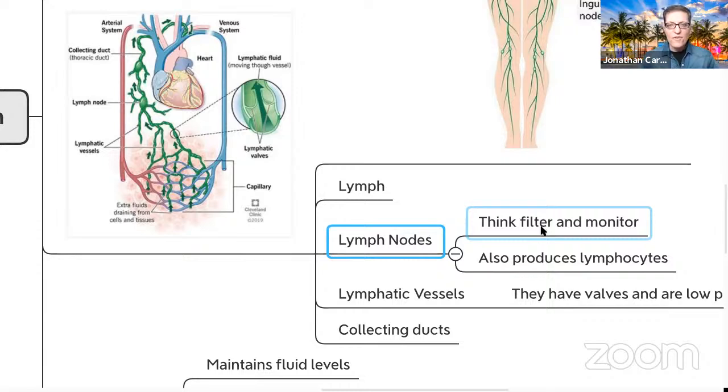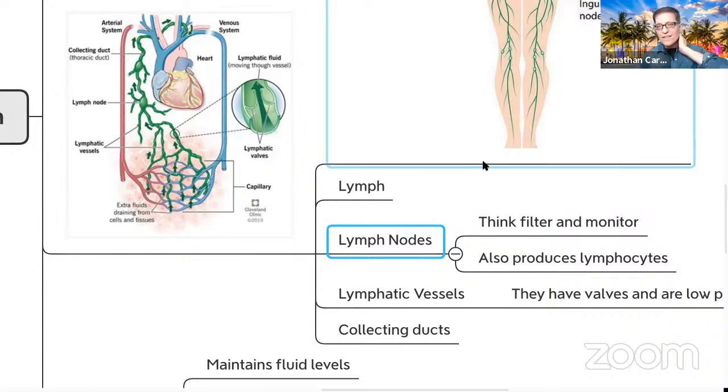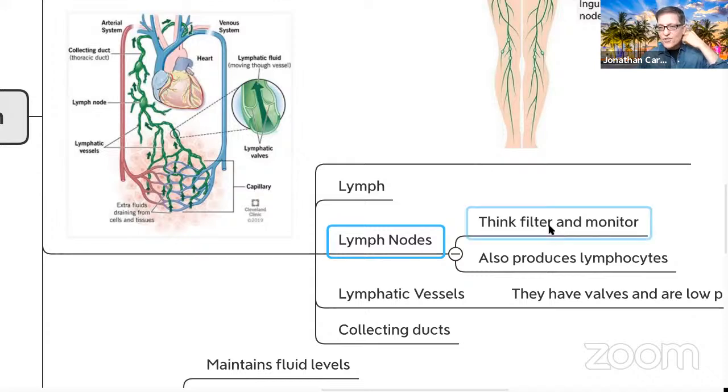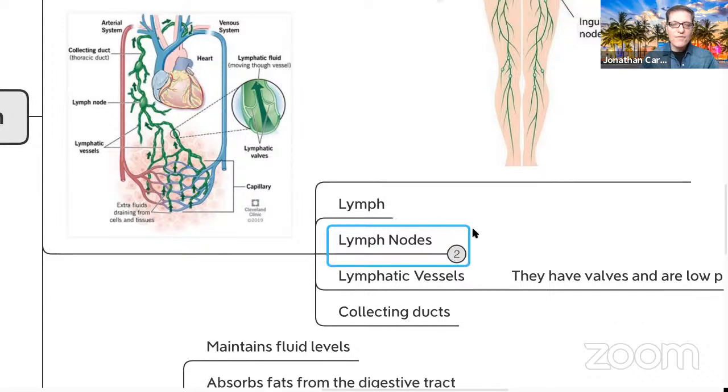If you had an abscessed tooth, which is infected, you could get a swollen cervical lymph node, because the infection is draining to the lymph node, which is filtering it, capturing it, monitoring it, and producing white blood cells to alert the immune system that something's going on over here. That's what those lymph nodes do.